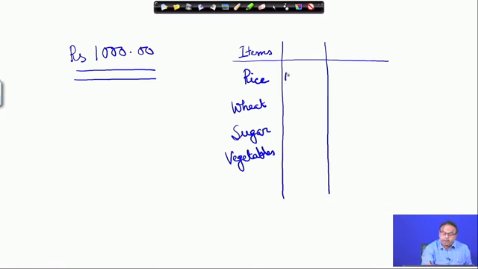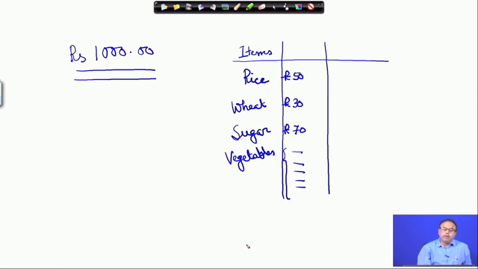Rice may be rupees 50, wheat may be rupees 30, sugar may be rupees 70, and vegetables, depending on the variety, have different prices. All right.